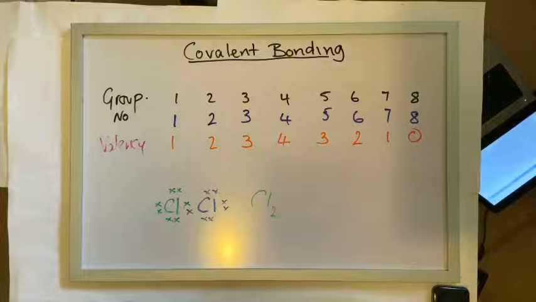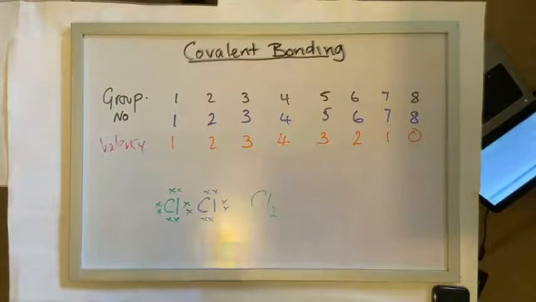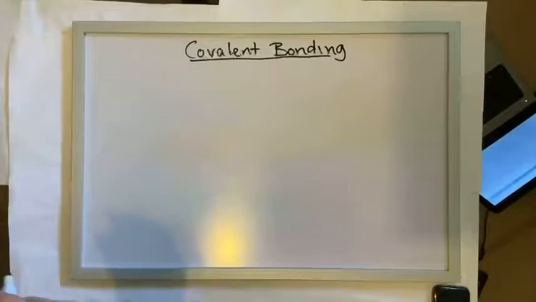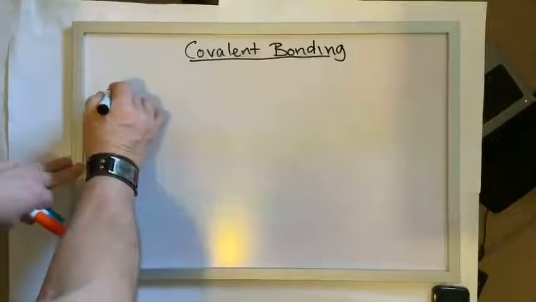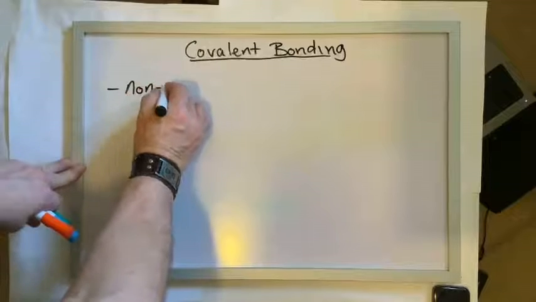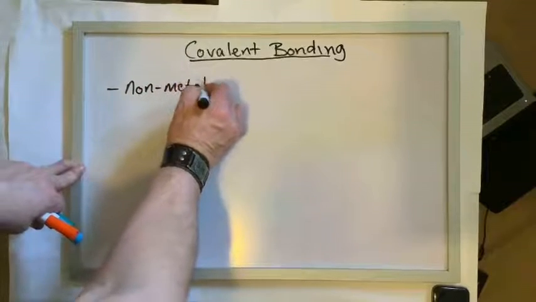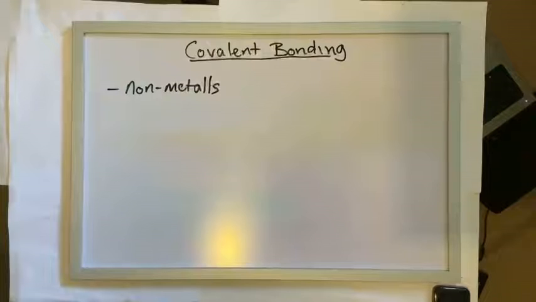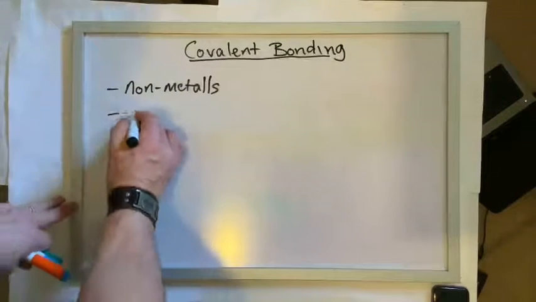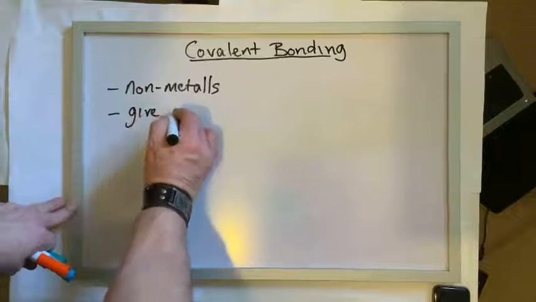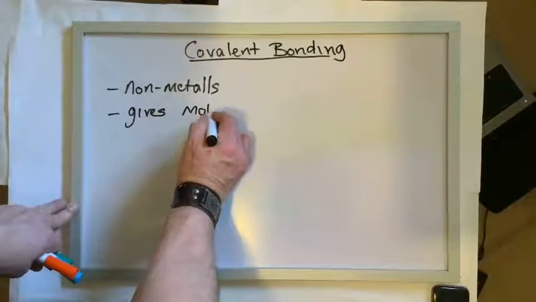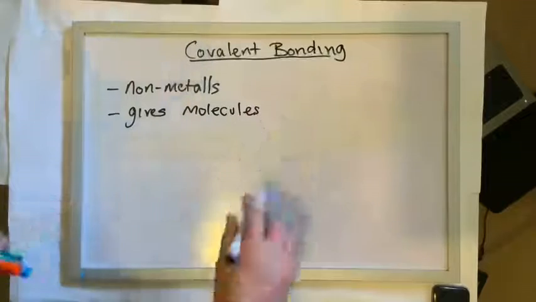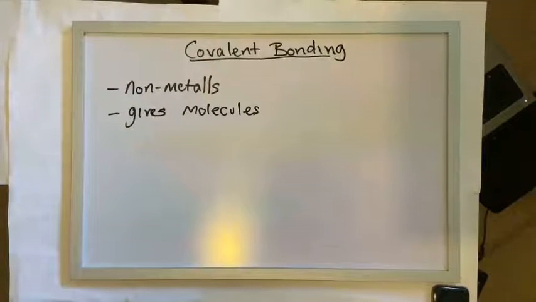Covalent bonding occurs in non-metals. Points to note: covalent bonding occurs in non-metals. It gives you molecules.